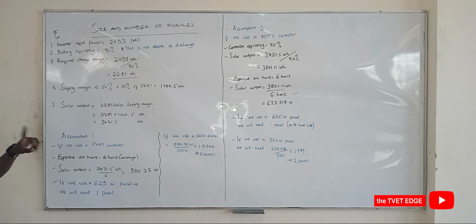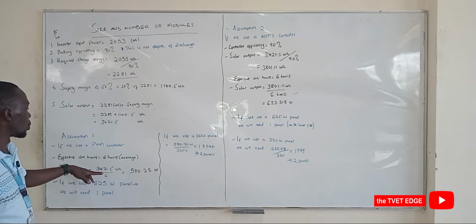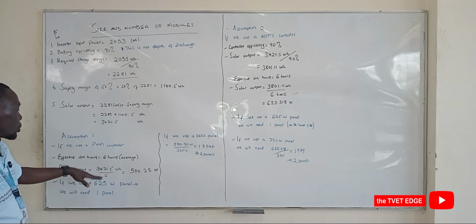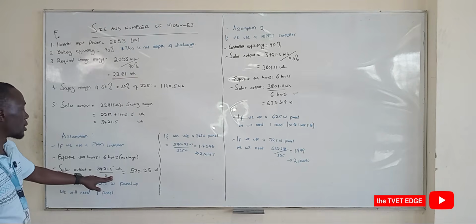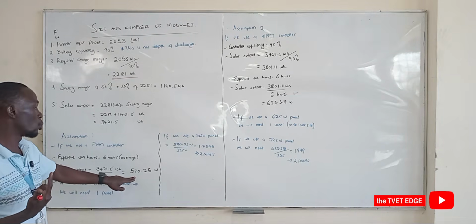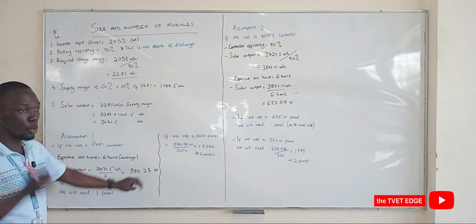So if we are using assumption 1, a PWM controller, and we have said the effective sun hours is 6 hours on average, the solar output will be 3421.5 watt hours. This is the solar output divided by the 6 hours. So for every hour, we require panels to output 570.25 watts.